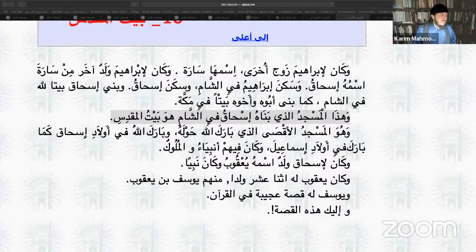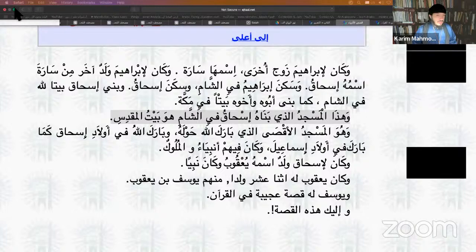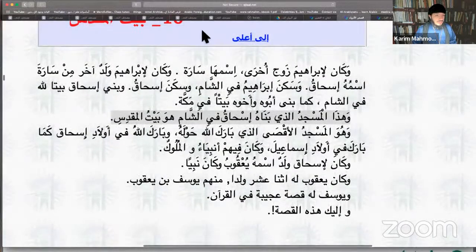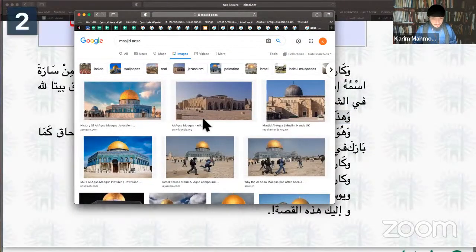Yeah, Masjid al-Aqsa, which is this one.